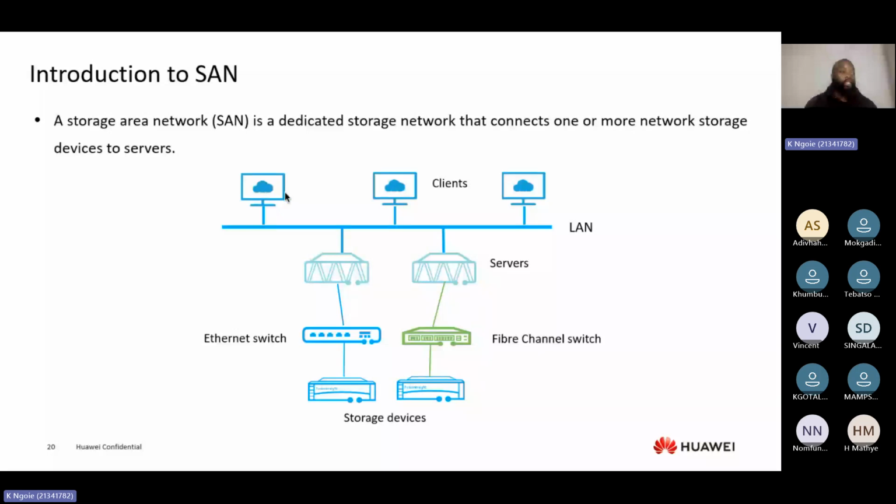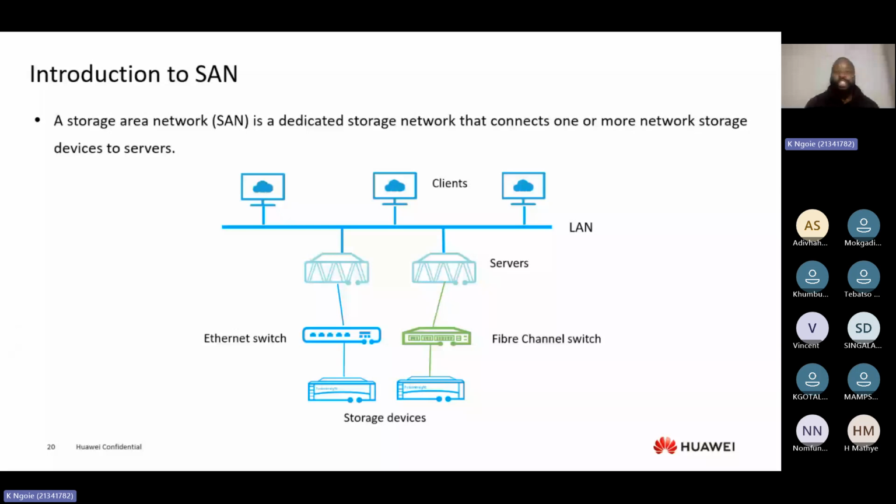So this is maybe a storage for this block. This is a storage for this other side. We have all these servers here that are getting from different storage places, but the same users can access this side of the server and its storage, or access this other side. So this is a storage area network.